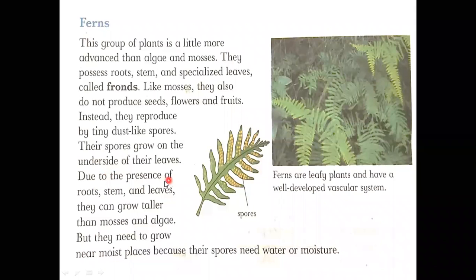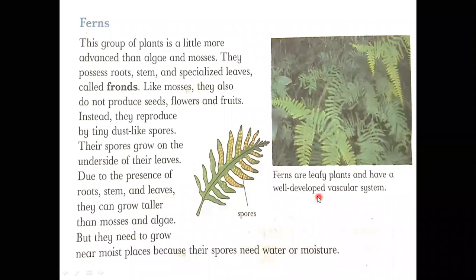Due to the presence of roots, stem, and leaves, they can grow taller than mosses and algae. But they need to grow near moist places because their spores need water or moisture. Ferns are leafy plants and have a well-developed vascular system. Okay, students.